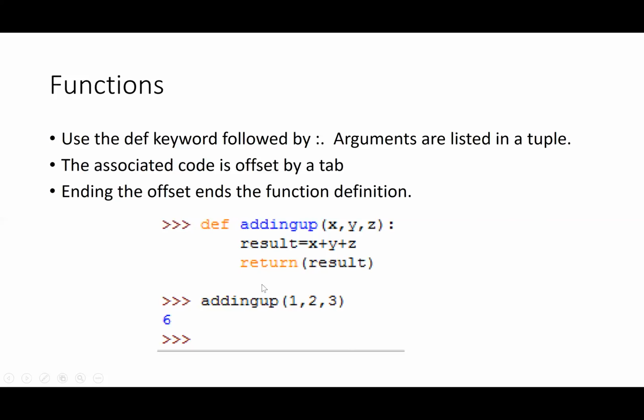I had to hit return a couple of times because I had to get back to this side of the command shell. It's going to assume that every command you put in without getting out of these offset instructions is part of this function. So get out of the tab. If you have to, just push a back button to get back to this side here so you stop the definition of adding up. So if I now type adding up and I pass it the arguments 1, 2, and 3, I get 6 returned.